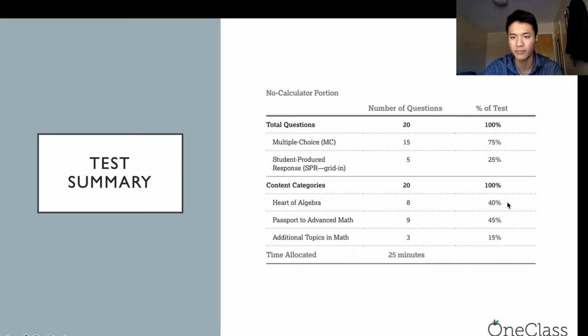There's a roughly even split between Heart of Algebra and Passport to Advanced Math, and a slight remainder of questions left for Additional Topics in Math. For the non-calculator section, you're really being tested on your grasp of algebraic concepts, both basic and advanced. That's where the core questions will focus, and that's what you should be prepared to see on test day.